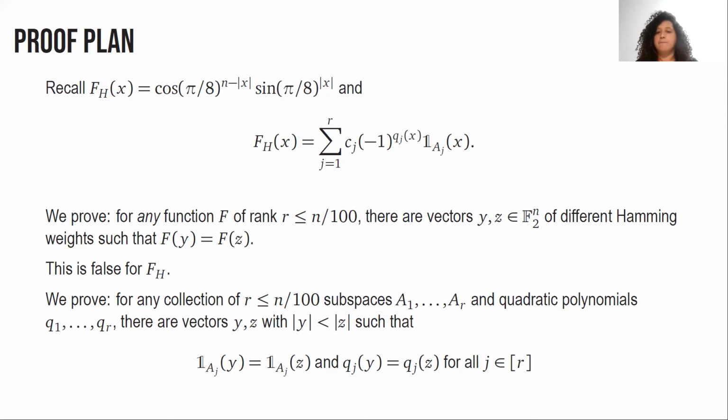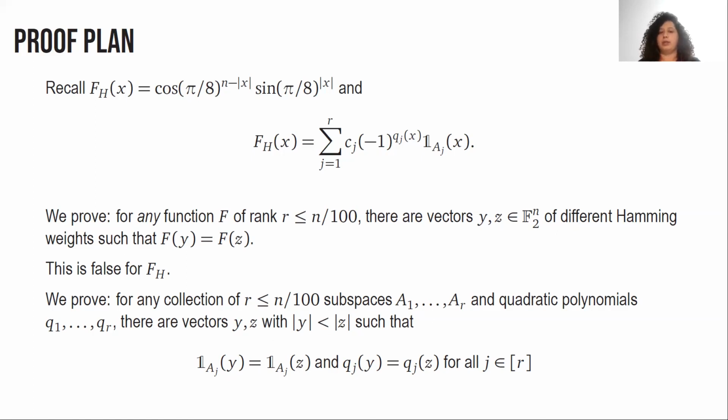So that means that for every subspace, either both y and z are in the subspace or they are both outside the affine subspace. And the quadratic polynomials also agree on them. And as the function only depends on the value of the indicator functions and the quadratic polynomials, it means that the computation is the same on both y and z, and thus the functions must agree.